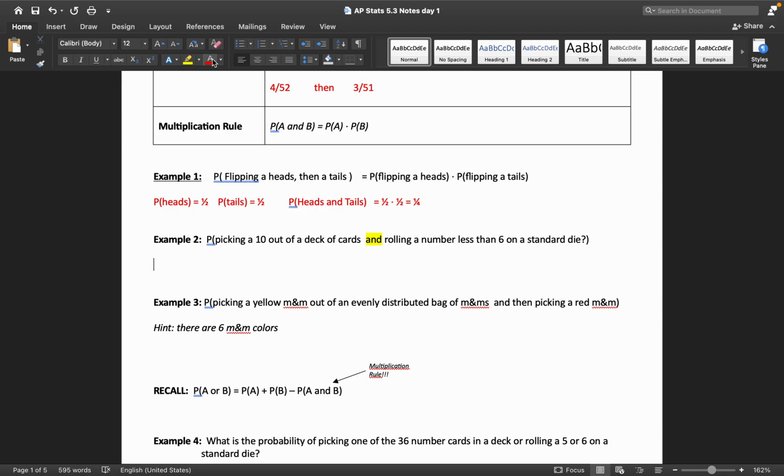For a second example, picking a 10 out of a deck of cards and rolling a number less than 6. I could do the probability of picking a 10 times the probability of rolling less than 6. So that would be the probability of picking a 10. There are 4 10s in a deck of 52 cards.